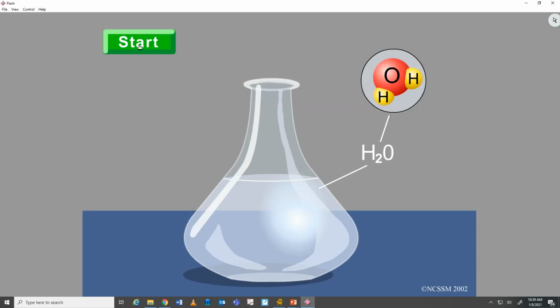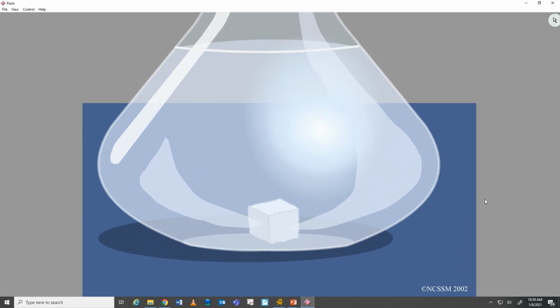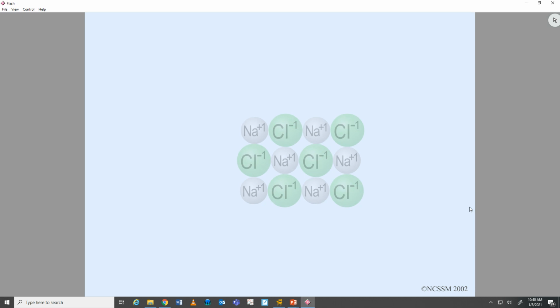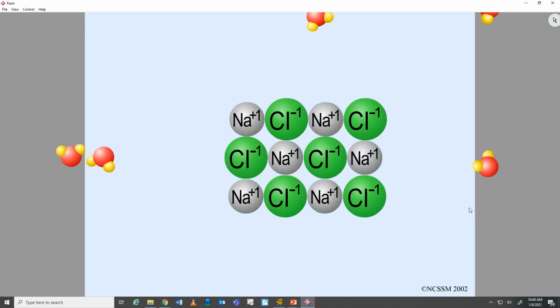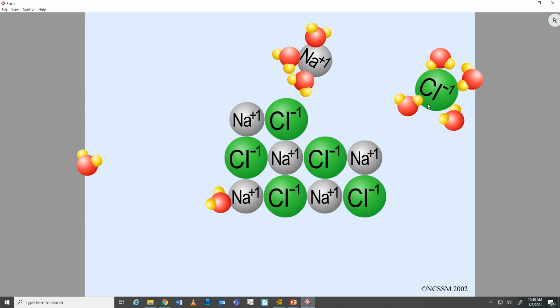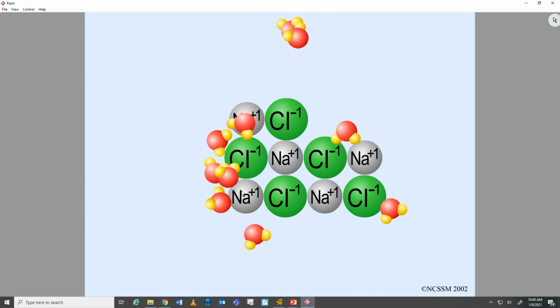So imagine we have water, and we're going to add a chunk of salt. Looking at it at the molecular level, you see the Na pluses and Cl minuses, but what you also see is the water is ripping the ions apart. Super important to understand this part.